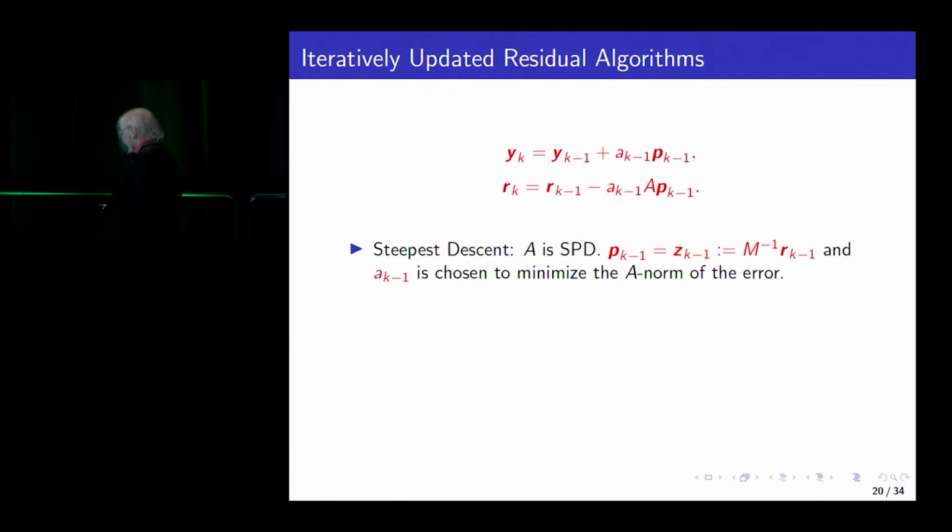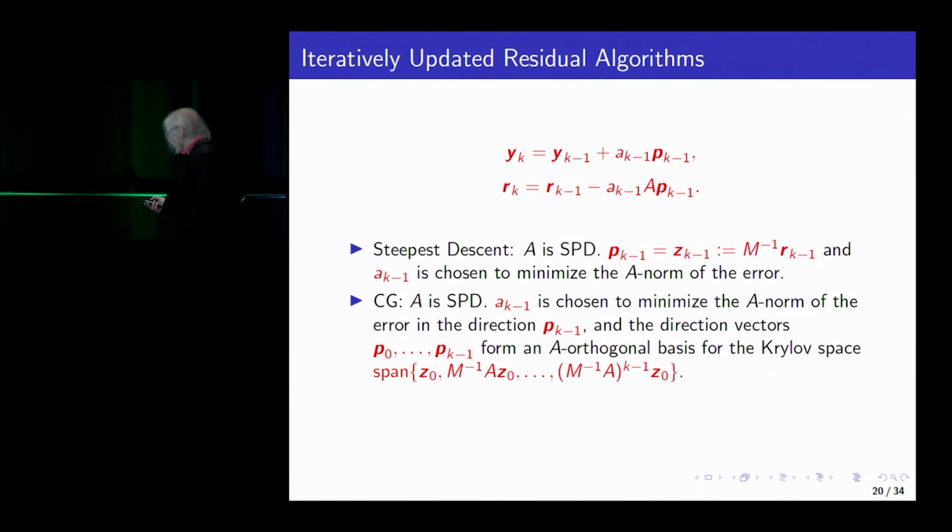In the method of steepest descent, we assume that a is symmetric and positive definite. pk minus 1 is the residual or the preconditioned residual. And the coefficient ak minus 1 is chosen to minimize the a norm of the error at that step.